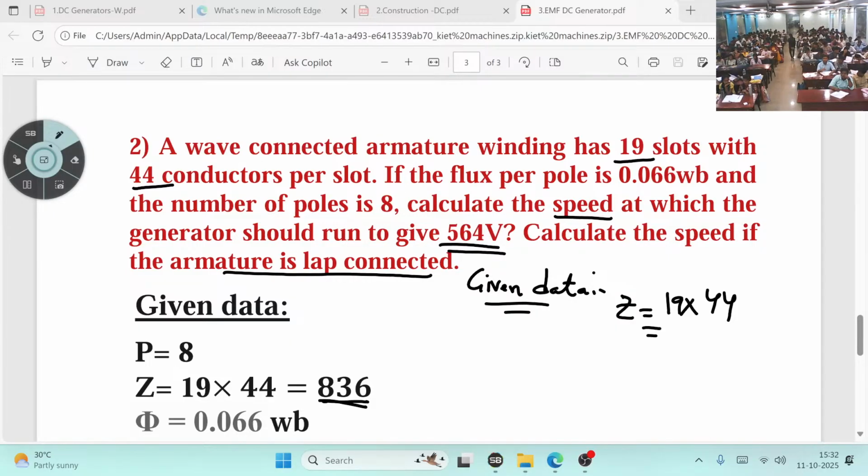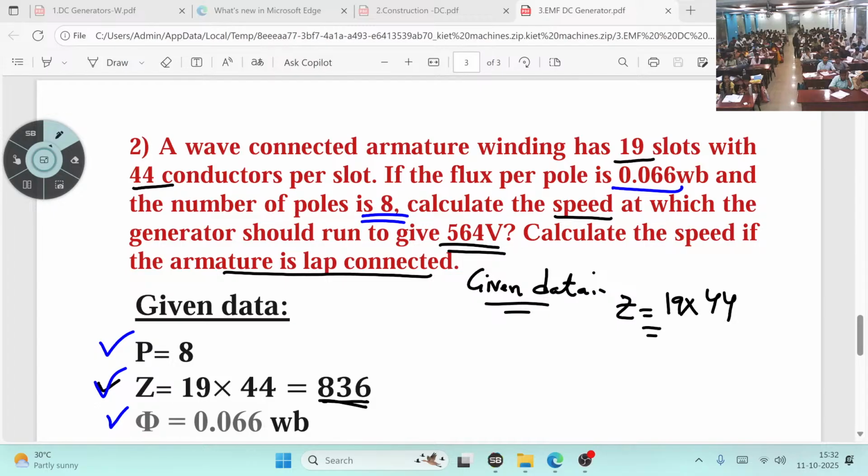Flux per pole is 0.066 Webers. How many poles are we having? Number of poles is 8, P. So everything is available in the question. Write it down as given data.